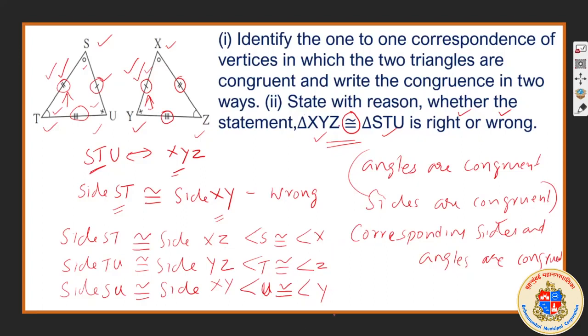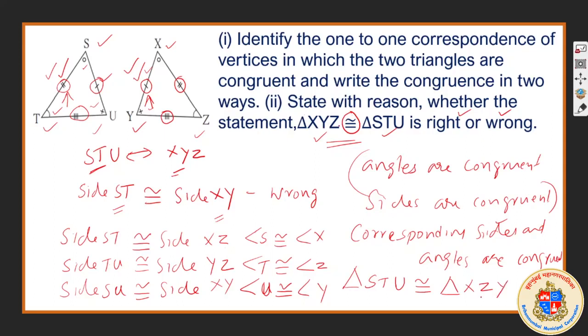So if you are writing the congruency of these two triangles, they are congruent because 3 sides and 3 angles are congruent. In that case, you will write triangle STU, if I keep it undisturbed, is congruent not to XYZ but to triangle XZY.